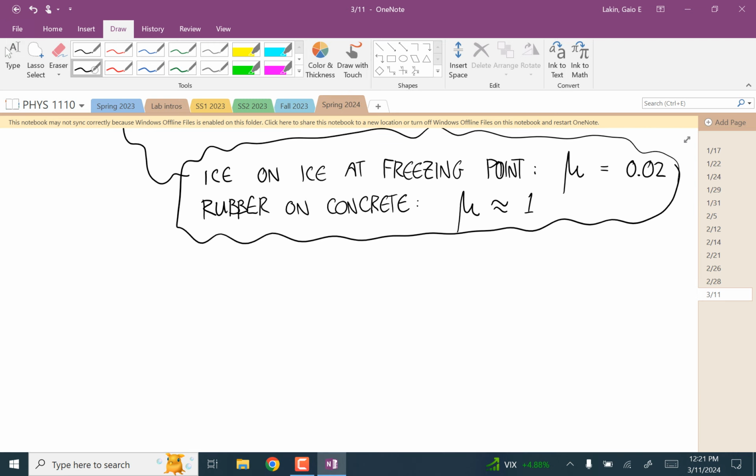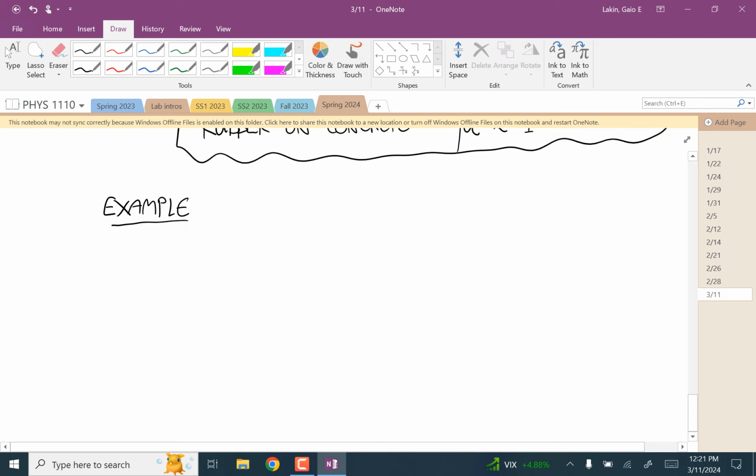Okay, so let me show you an example with friction. Let's say this has a mass of 10 kilograms.